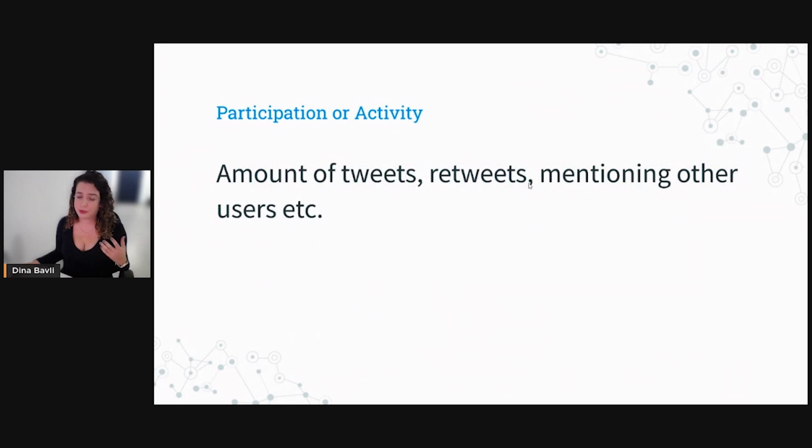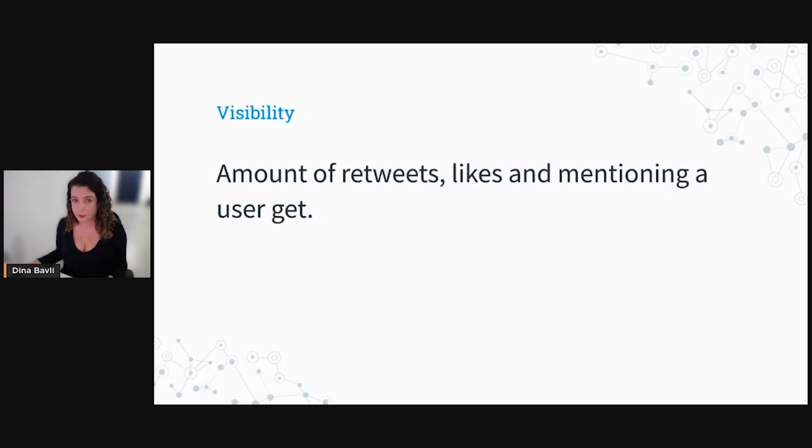When we're talking about participation or activities, we're actually talking about the amount of tweets and retweets and mentioning other users and so on, and the likes, and it depends on the type of social platform. When we're talking about visibility, we're talking about the amount of retweets, likes, and mentioning that the user gets from other users.